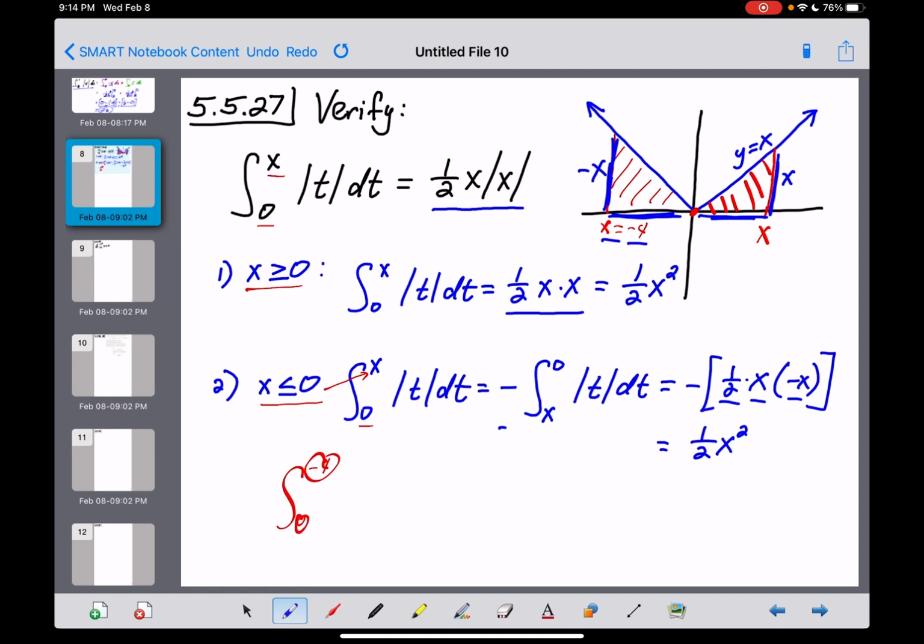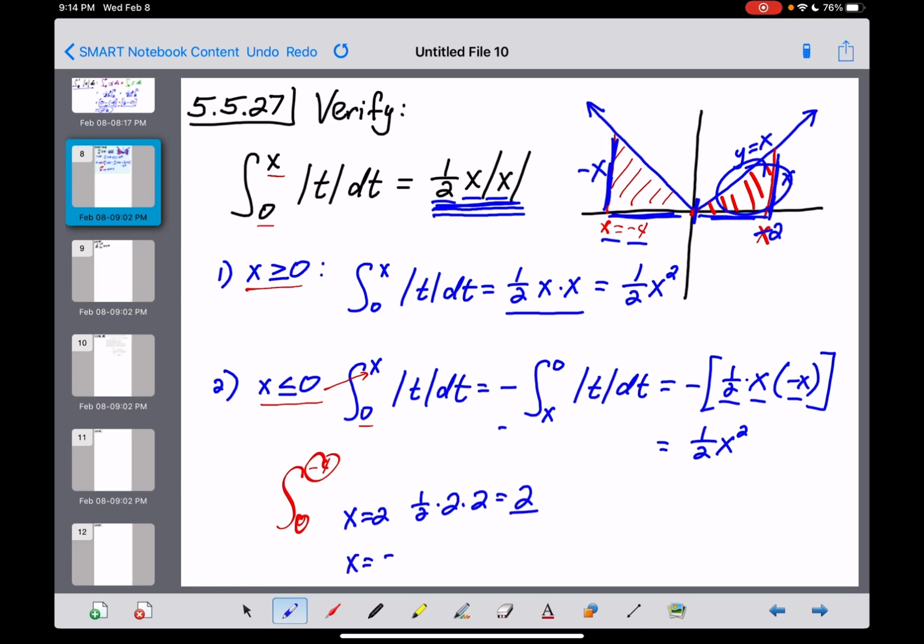So that's a little bit interesting there. Let's take a look. What we could do to verify this would be to take a look at their expression right here and see if it works when x is positive, and see if it works when x is negative. So for example, if x were 2, we'd be looking at a region starting at 0, ending here at 2. So it would be this area, and its area would be 1/2 times a base of 2 and a height of 2. And so 1/2 times 2 is going to be 2. This formula works there. 1/2 times 2 times the absolute value of 2 is going to get you the same result.